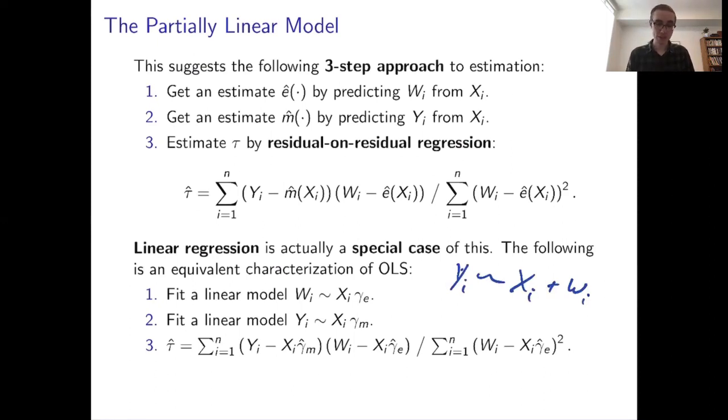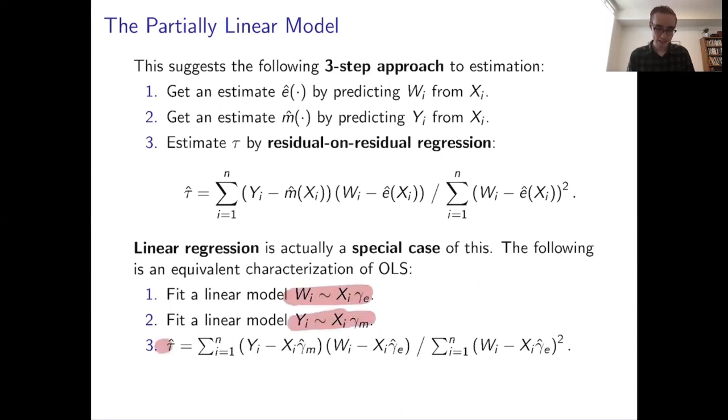And if you've taken a linear algebra-based class on linear regression, you'll probably know there's an equivalent characterization: to estimate the coefficient of w on y in a model where you control for x, you can construct that coefficient as follows. First, fit a linear model of w on x, then fit a linear model of y on x.